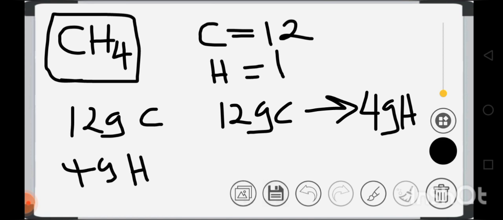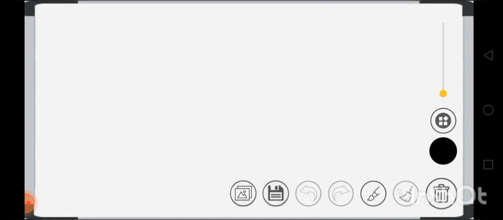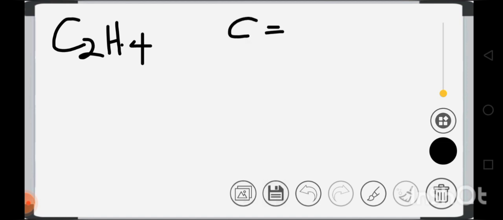Now, let's say I have a sample of ethane, C2H4. From the periodic table, carbon has an atomic mass of 12, hydrogen has an atomic mass of just 1.